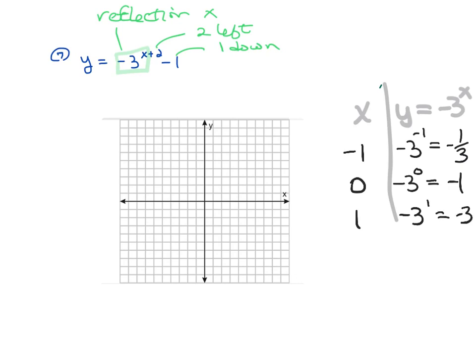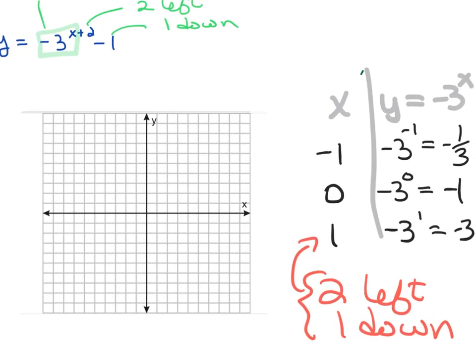Let me graph these 3 points, and then I'm going to shift them two left and one down. I'm going to graph them originally in red: (0, -1), (1, -3), and (-1, -1/3). Now I'm going to take these 3 points and move them two left and one down.